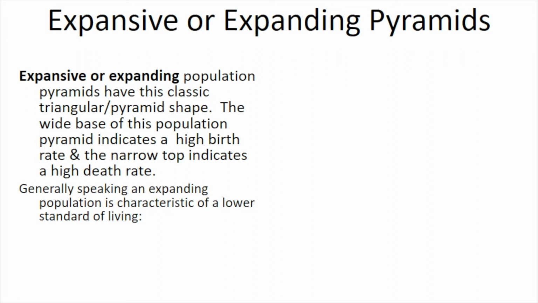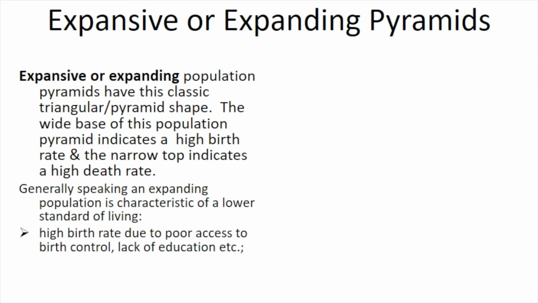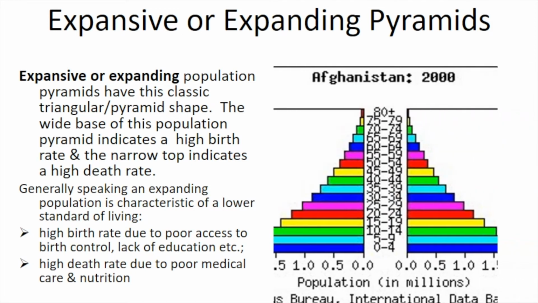Generally speaking, an expanding population is characteristic of a lower standard of living. High birth rate due to poor access to birth control and lack of education. And high death rate due to poor medical care and nutrition. As you can see in this population pyramid of Afghanistan in year 2000.